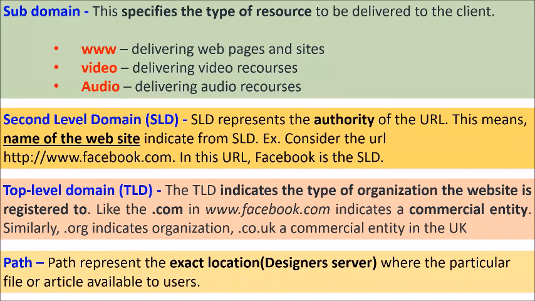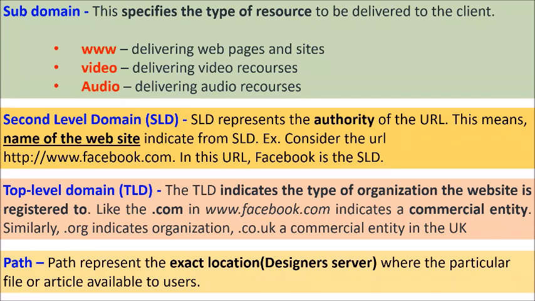After the subdomain, in the host comes the second level domain, in short SLD, that specifies the authority of the URL, who this URL belongs to, that they are given a unique identification name. In this example, Facebook is the second level domain.